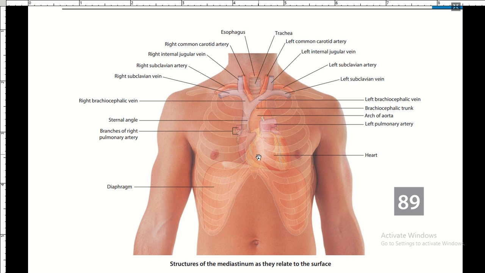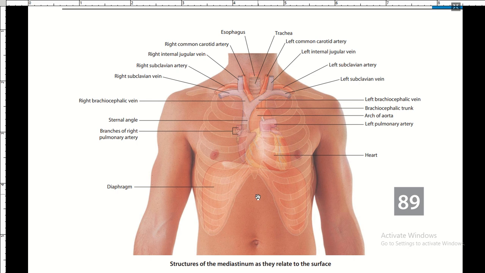So the area that is between the posterior thoracic vertebrae, the anterior sternum and the mediastinal pleura of your lungs is going to be called the mediastinum.